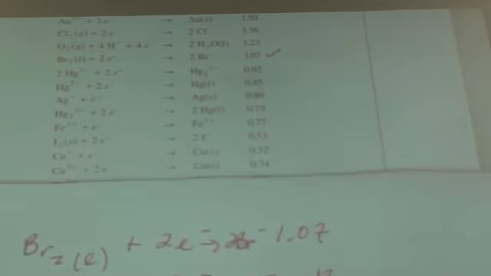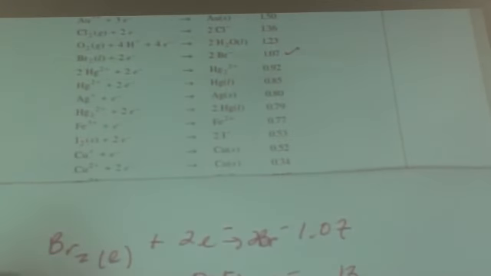Okay. Now, this you said was the reduction, and this is the oxidation, yes? Yes. This bromine is the species that is reduced, and it acts as the oxidizing agent for the lead. Yes? Okay.